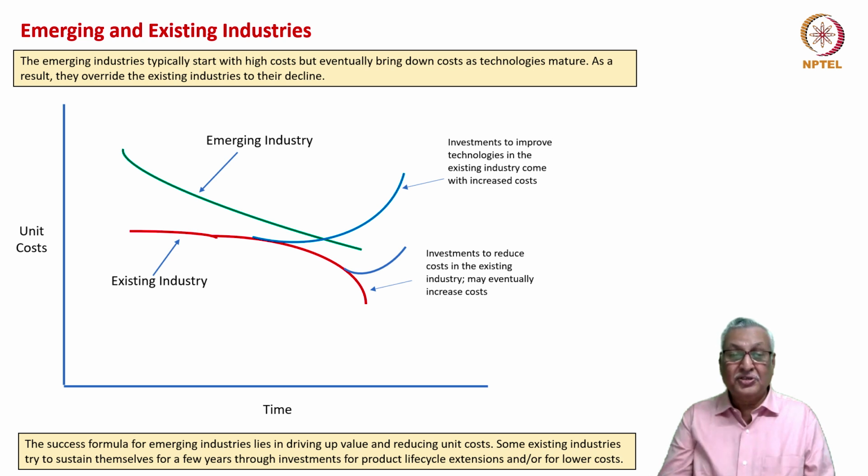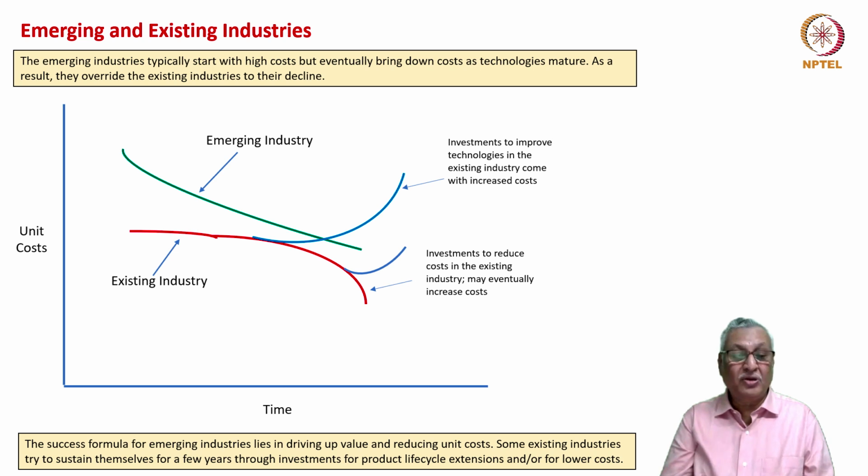So the existing industry, to stay in business through superior technology that matches the emerging industry, has to invest and therefore face the prospect of higher unit costs. Whereas the emerging industry is consistently and continuously improving its cost structure, and when the emerging industry's cost structure is therefore lower, the rejuvenated existing industry has no place to work in the manner it has been there.